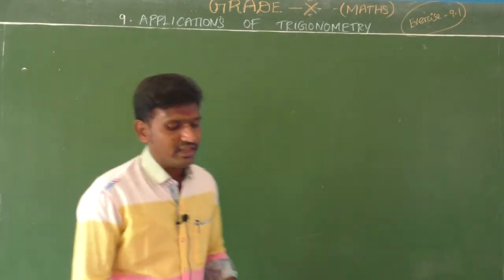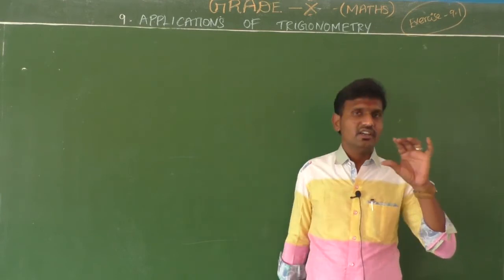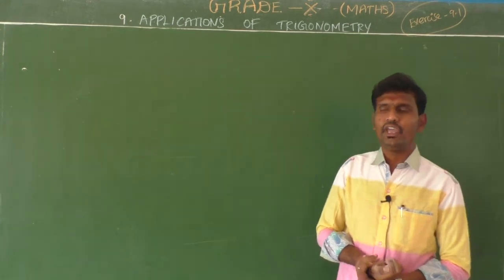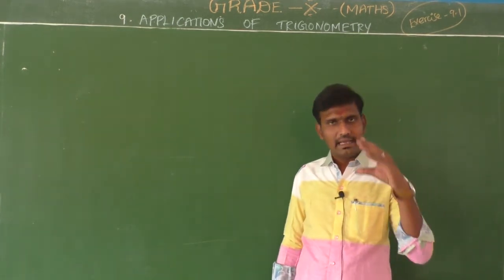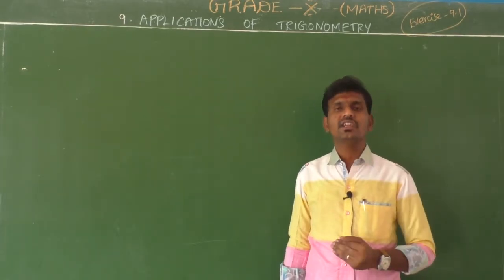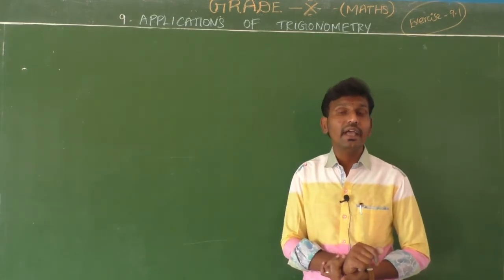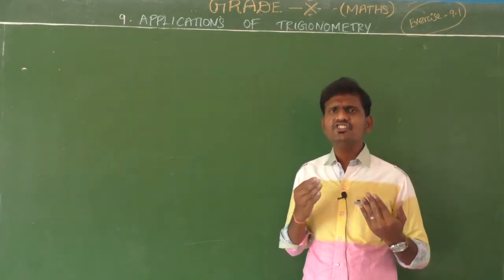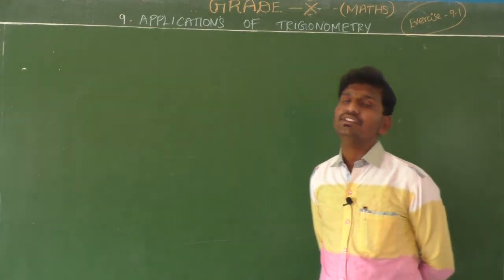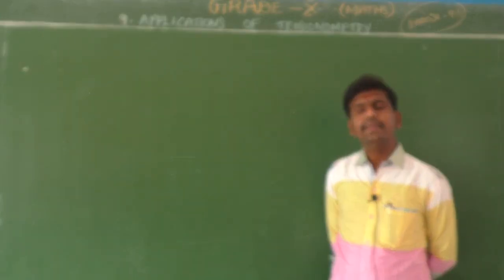Before that, I want to give you a short intro of the steps of procedure to do the sums in this chapter. It is very simple. One paragraph, one situation is given. From the situation, we need to form the right angle triangle and mention what the given measurements are. From the given measurements, we need to find height and distance.